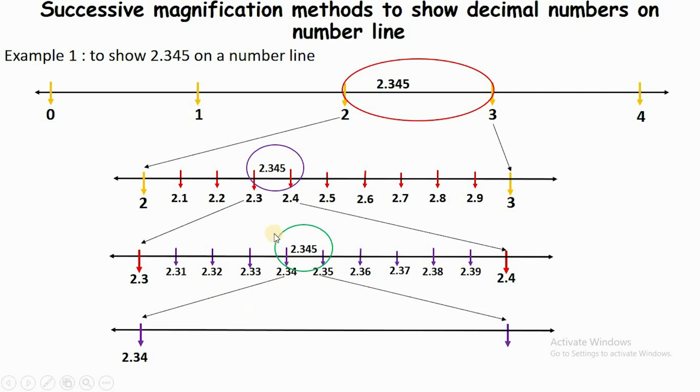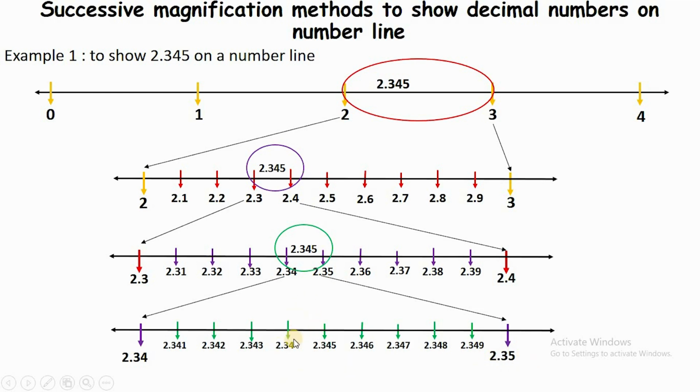Here we have zoomed in this portion of the number line, and again we'll divide the given number line in 10 equal parts. And the first one represents 2.341, 2.342, 2.343, 2.344 and 2.345, 2.346, 2.347, 2.348, 2.349 and 2.35.